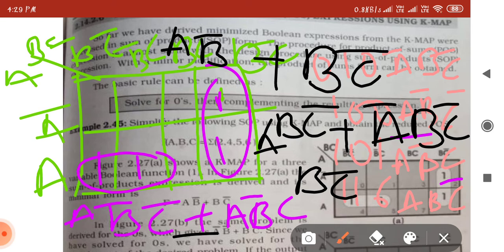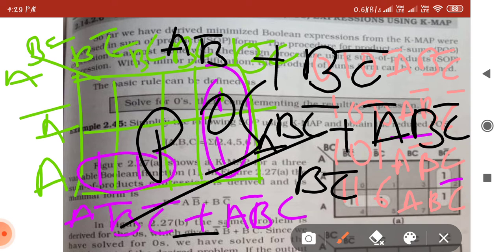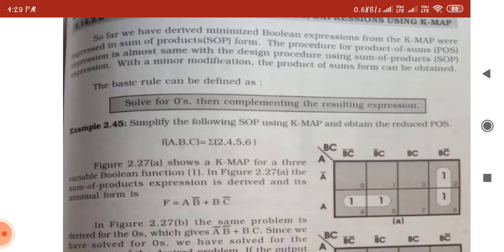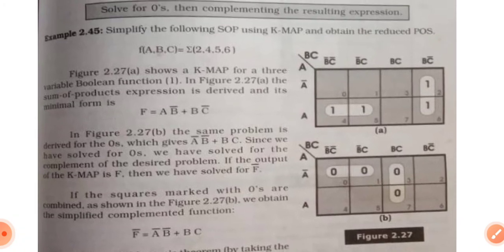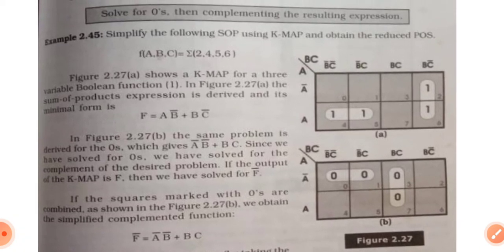Yes, this is the equation from the K-map. Right, from the POS equation. The SOP can be written like that: A B bar plus B C bar, from this equation we have discussed. In the SOP, what will come? The zero pairs, how can we write that?